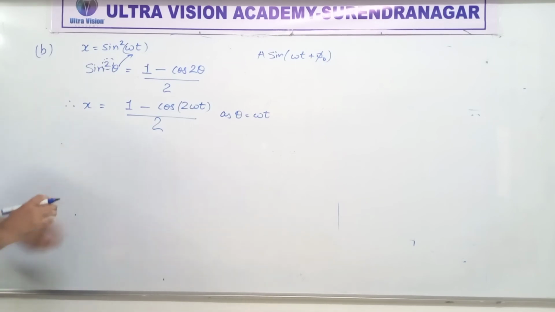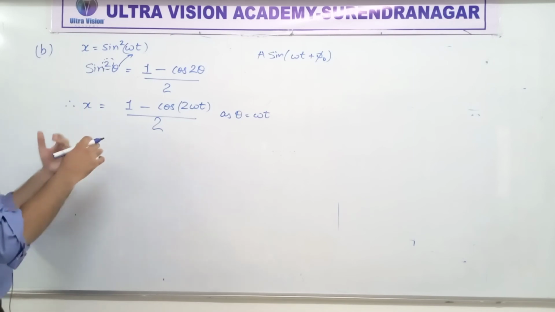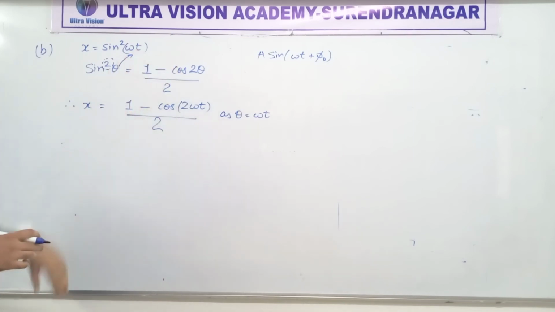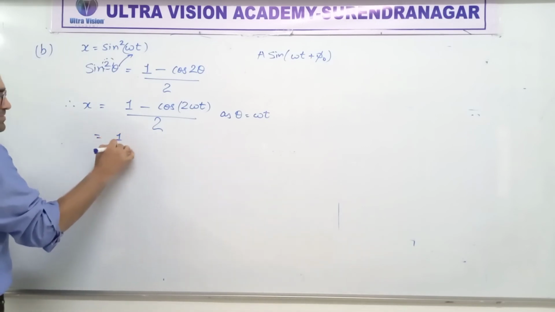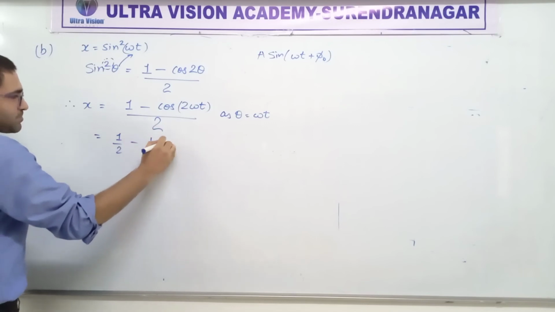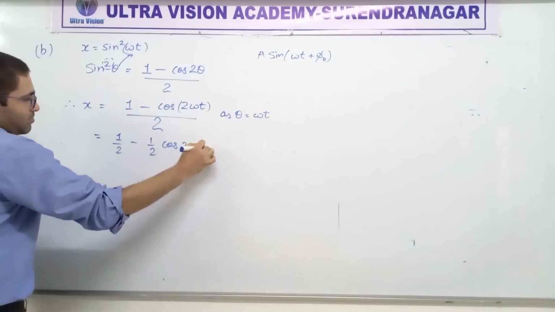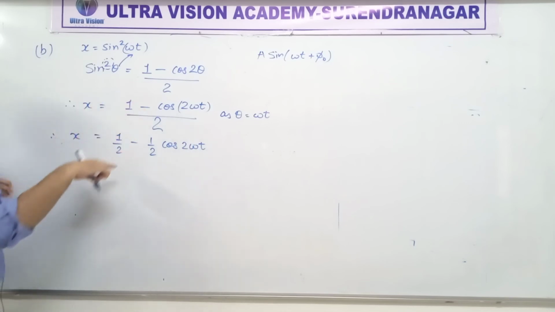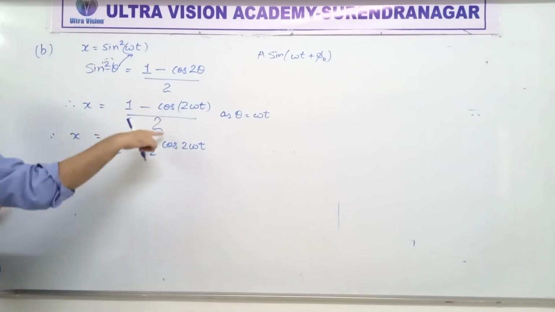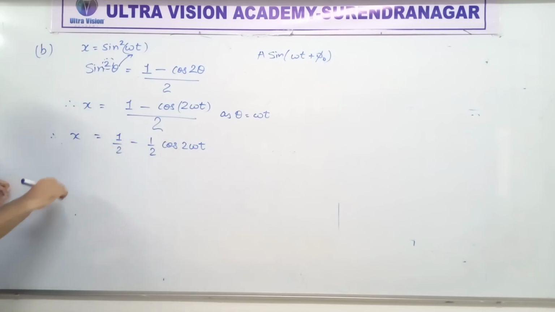So if we write it like this, then what we can see is at this point it doesn't look like that kind of equation, a sin(omega t plus phi 0). But if we split this numerator, we can write 1 by 2 minus 1 by 2 cos 2 omega t.